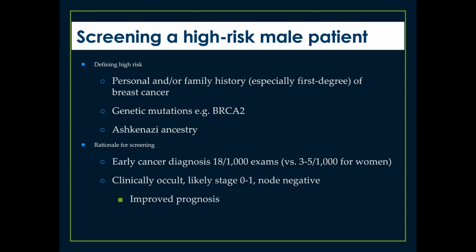If we can catch cancer early, there's going to be an improved prognosis, likely much lower stage, negative nodes, and we'll catch it hopefully before it's clinically occult. One study demonstrated a significant pickup of early breast cancer, particularly when compared to women. And again, this is largely because most men have almost entirely fatty breasts.